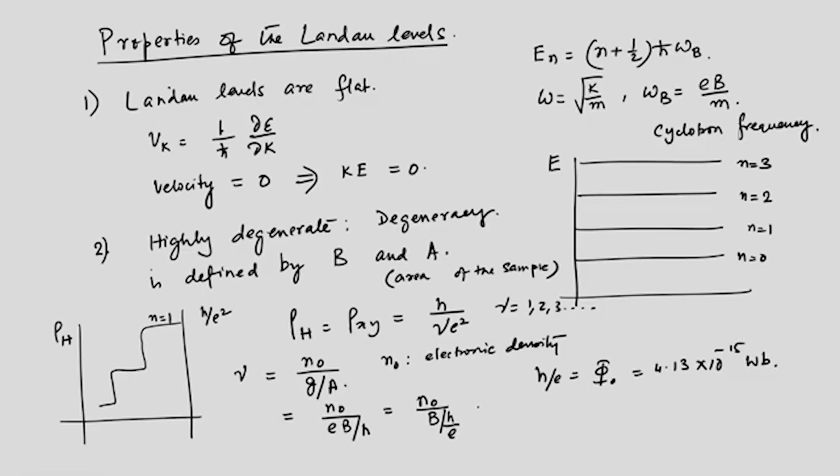So this is really like n0 divided by B over phi 0, or say n0 phi 0 divided by B. Okay, so the integer that you see in the plateaus is related to the degeneracy in this particular fashion. Now we demand, or at least the experiments dictate, that nu has values which are integer.